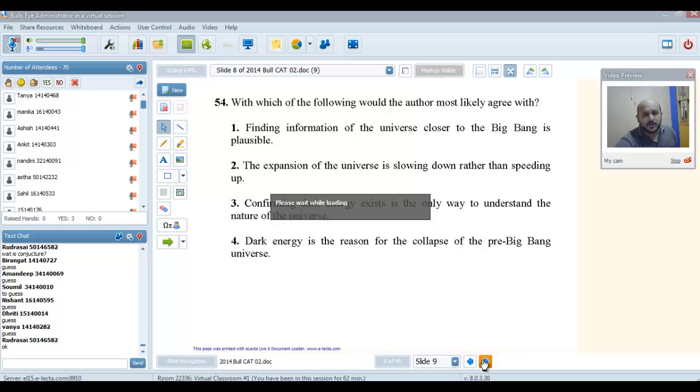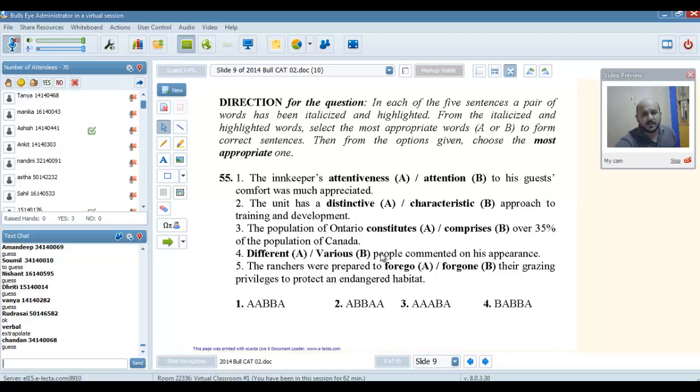Guys, shifting to question number 55, just give a second for the slide to load. It's there. You've got 30 seconds. Solve this question. 30 seconds.